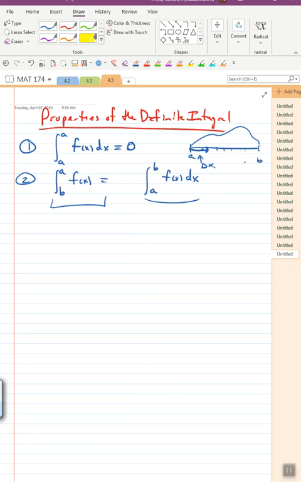Every time you formed a delta x, you would be taking a smaller x value minus a bigger x value, which means your delta x would be negative for every subinterval. Meaning, if you construct this integral on the left, where your lower limit is the bigger number and your upper limit is the smaller number, that's going to be the same as the negative of the integral that goes from the smaller lower limit to the bigger upper limit. In other words, if you interchange those limits of integration, you're going to get the opposite sign on your integral.